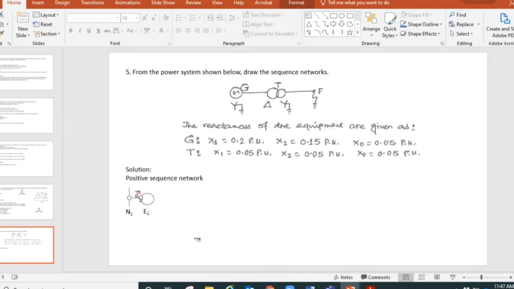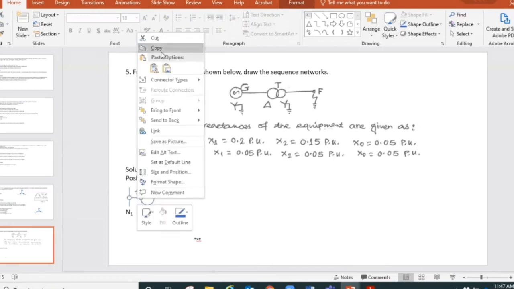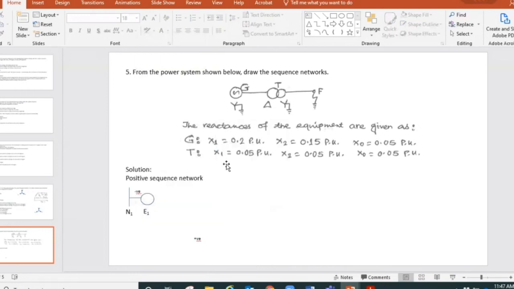After the generator there is a line, so let me extend that here.